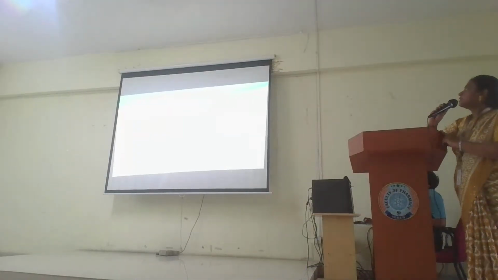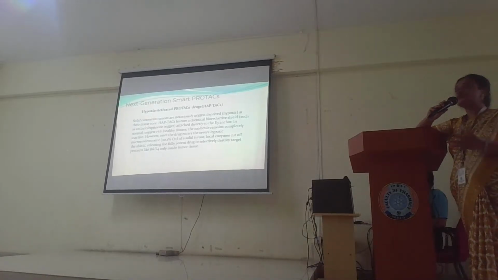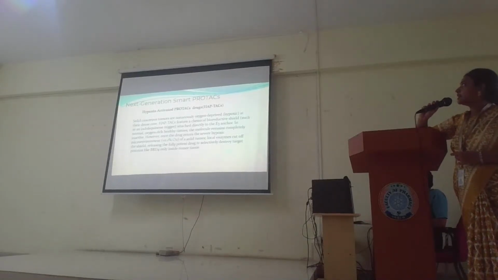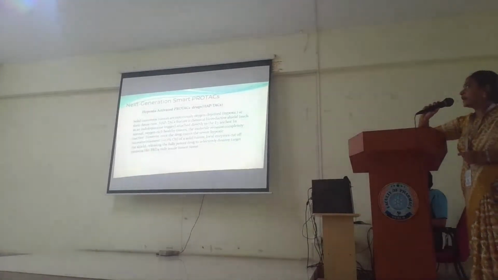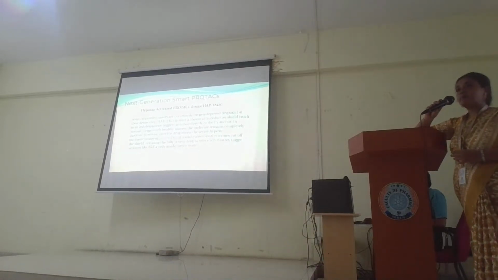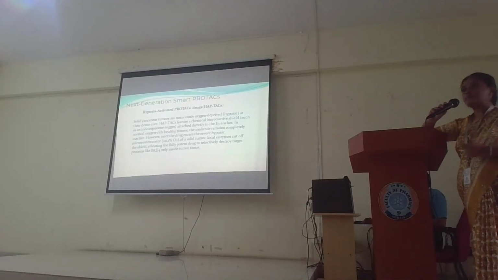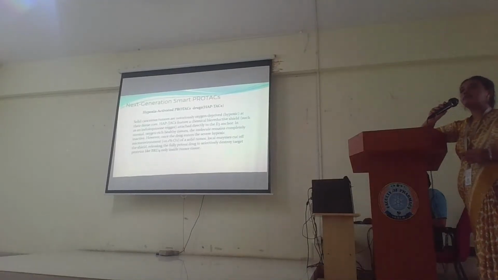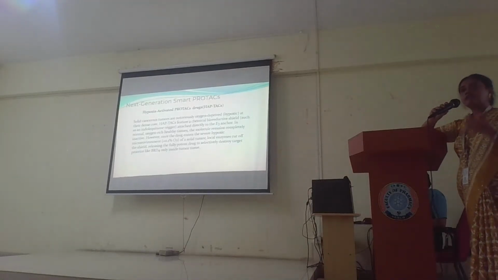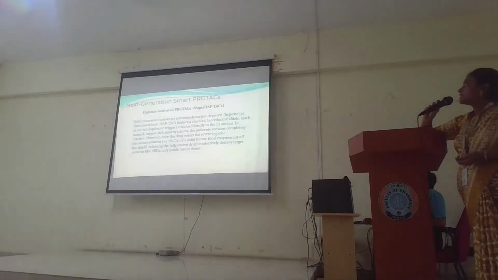Next, taking the concept of these products, researchers have developed new smart products. One of the next generation products is the hypoxia-activated product drugs. Hypoxia means the absence of oxygen. These drugs will be activated in the absence of oxygen. Cancerous cells are deprived of oxygen, whereas healthy cells are oxygen rich.